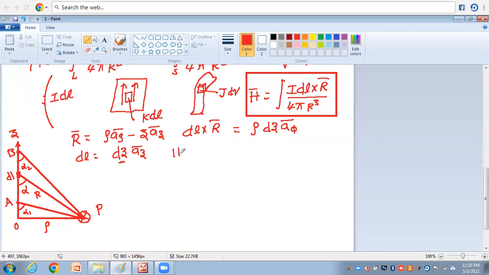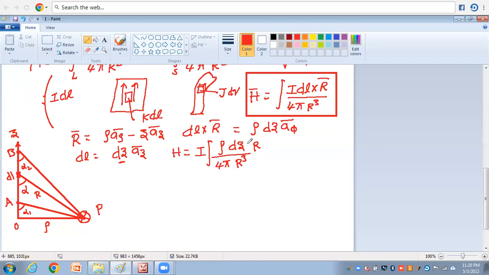Now finally H bar equal to integral rho, at the same time I is also very important, I rho dz by, as it is, 4 pi, this R cube, and this R bar is also very important.